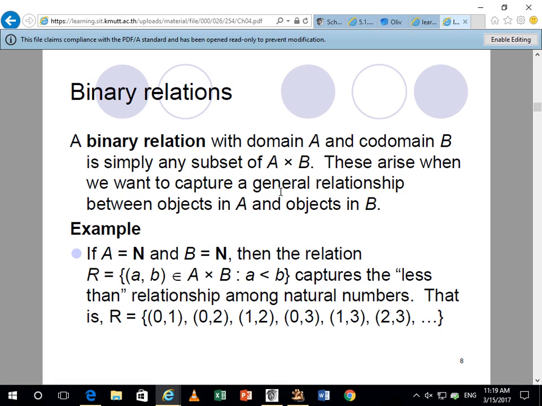We want ordered pairs (A, B) that are an element in A cross B, such that the condition is that this element A, the first in the ordered pair, is less in value than B, the second one in the ordered pair. So this is an additional condition.